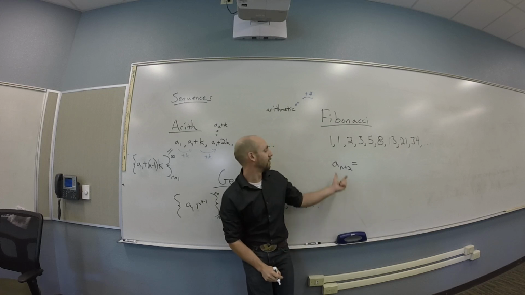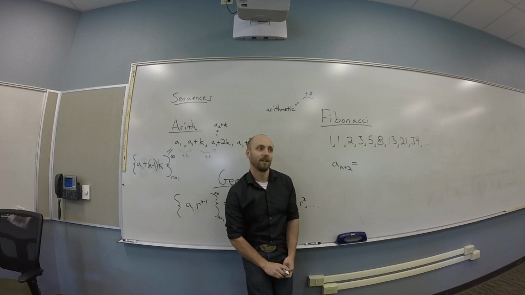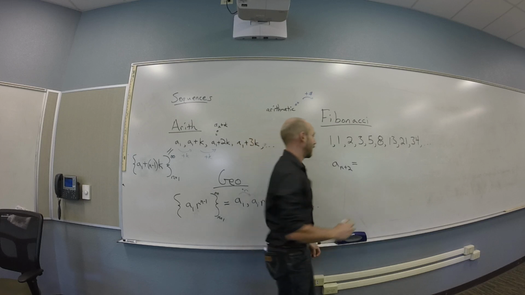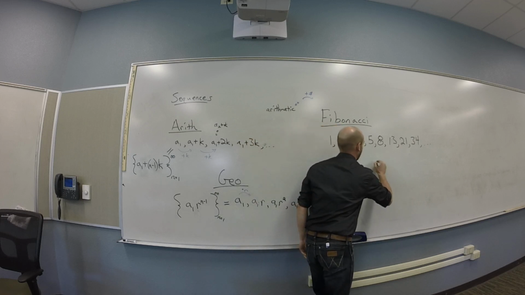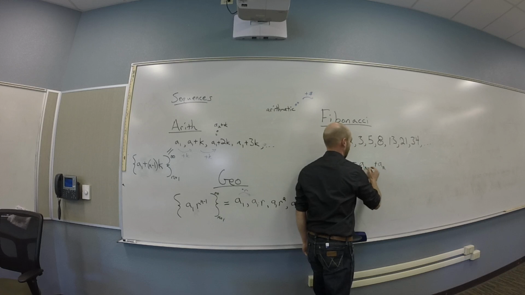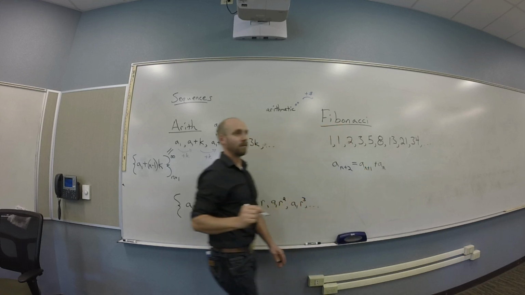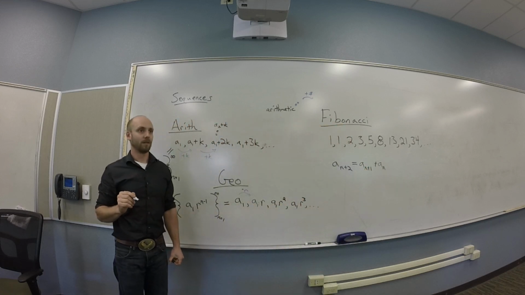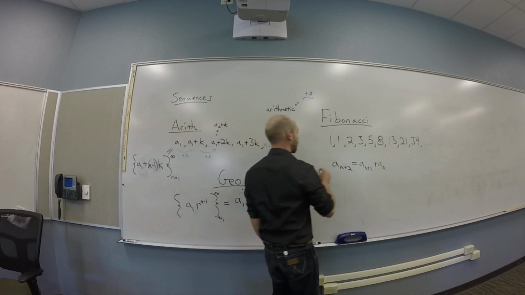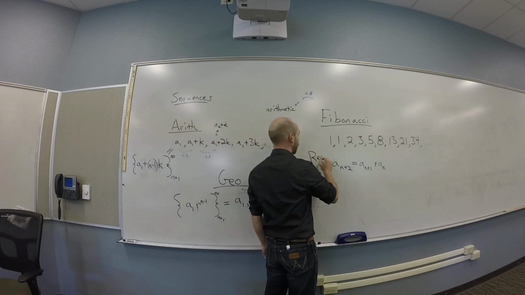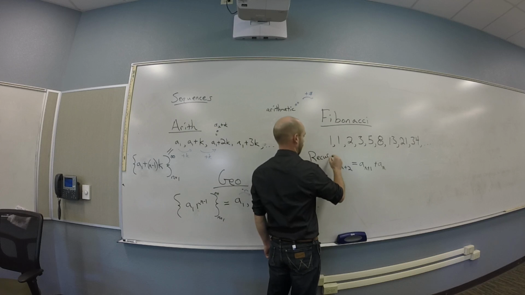So what are the previous 2 to a sub n plus 2? a sub n and a sub n plus 1. You guys cool with this? So this is the best you can do on this one. And this is called a recursive definition or a recursive rule. Okay?